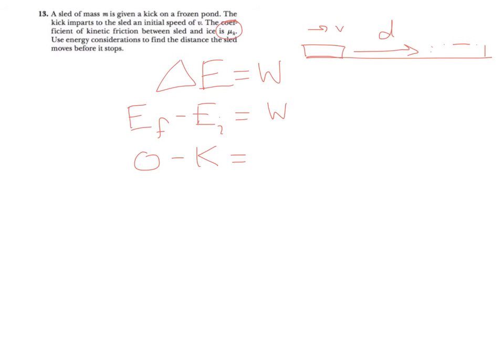For the work, friction is doing work to bring it to rest. Our formula for work, remember, is force times distance, or rather F dot d. Because it's a dot product, friction, since it acts in the opposite direction of the displacement, will do negative work. So you'd better have a negative sign there.